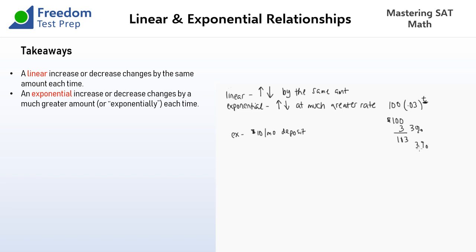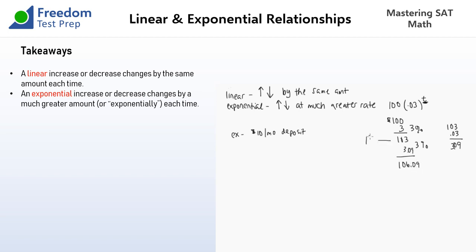Well, the second year, we're also getting 3% interest. 3% of 103, if we work that out, is going to be $3.09. So it's not going up by that much, but it's more than the $3. So we're going to get $106.09 in the second year.